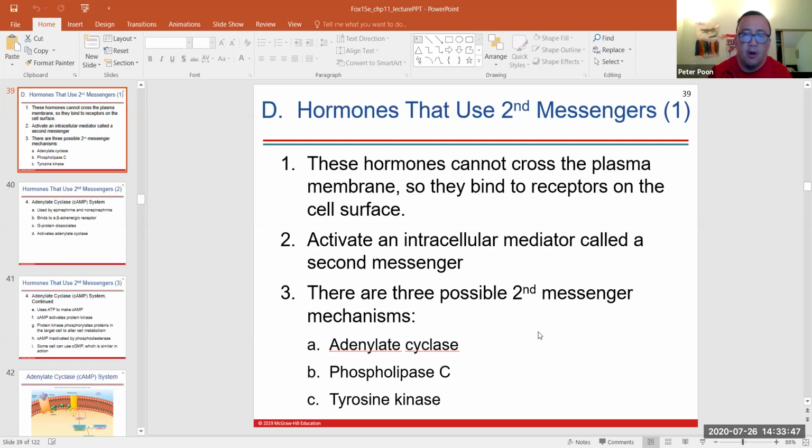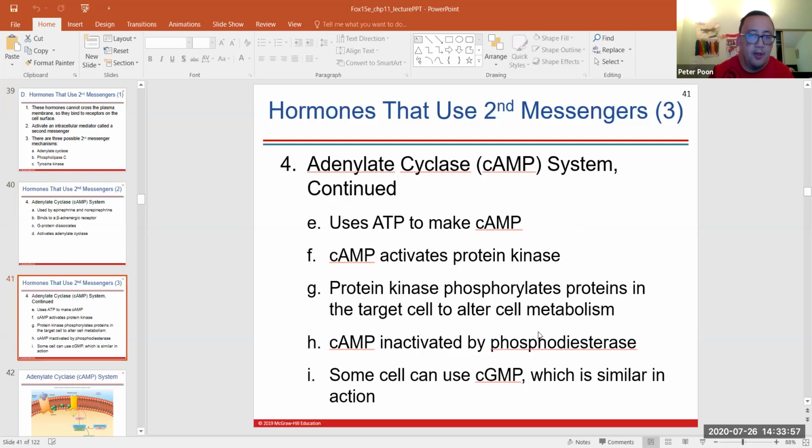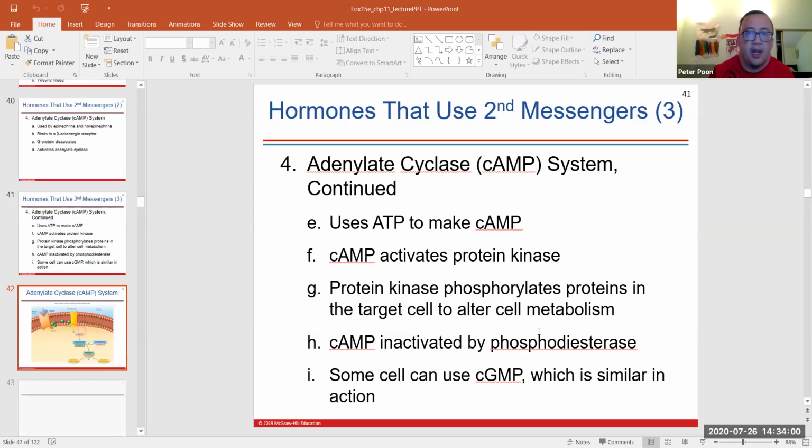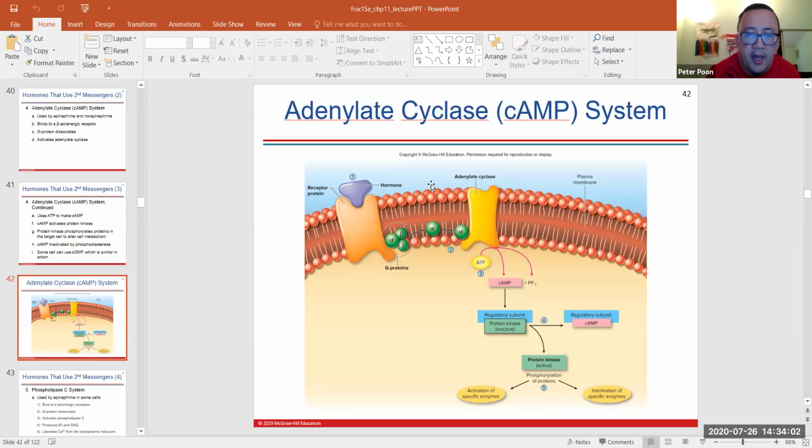There are three possible second messenger systems: adenylate cyclase, phospholipase C, and tyrosine kinase. Let's talk about what each of these look like. All of these work really similarly. You can't get into the cell, so you bind to the surface of the cell.